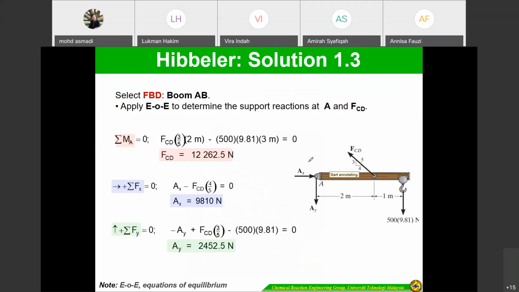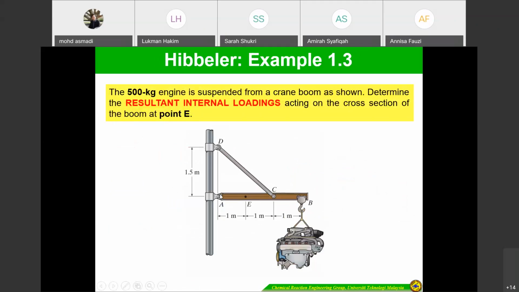Here this one is fixed, D is also fixed, and point B is just a weight. For the full free body diagram, you can put arrows here and here for the support reactions.